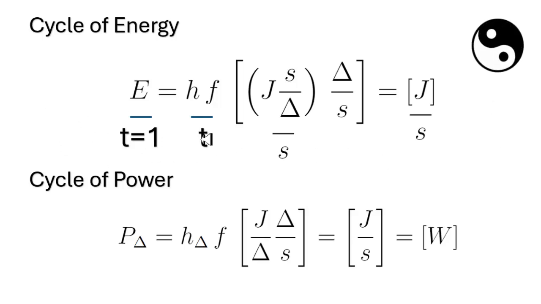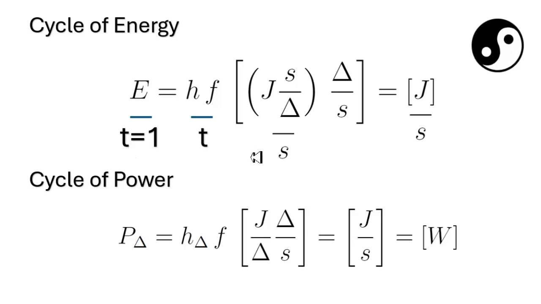Okay, so we are dividing both sides by a time parameter, and that time parameter is equal to 1, as in 1 second. Okay, so now this equation is on a per second basis, and it also turns this into a power equation.